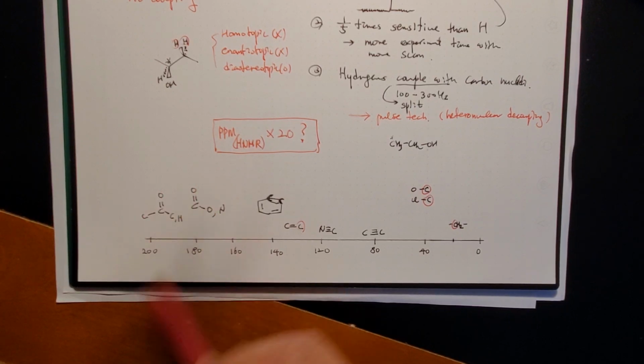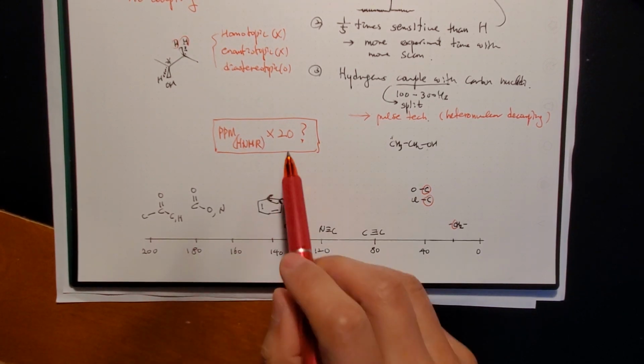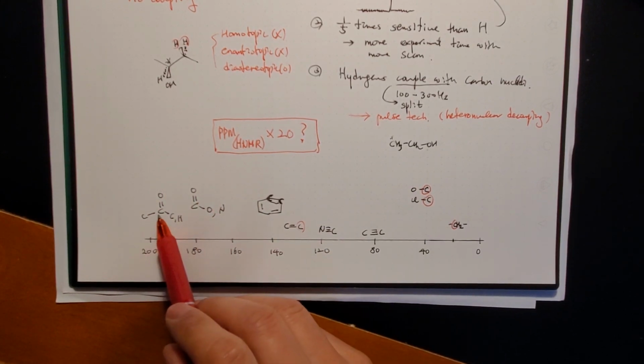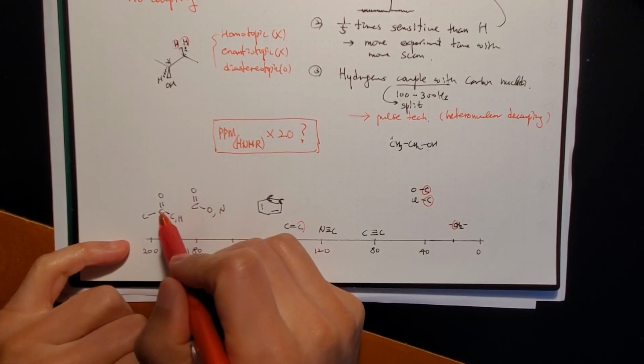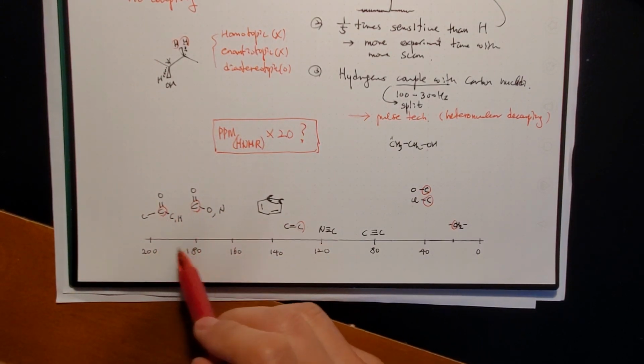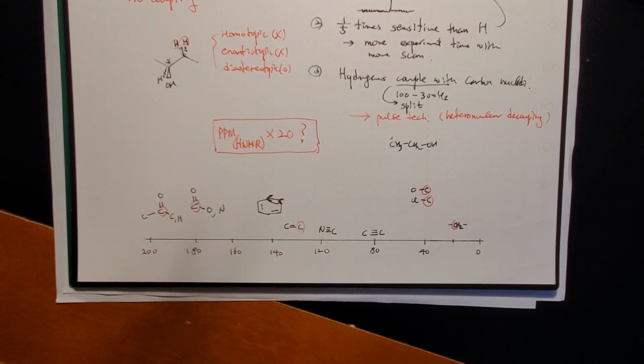Then the carbonyls. Remember the aldehyde hydrogen was around 10-ish. So roughly 20 times, around 200-ish. You have all kinds of carbonyl carbons, and you expect them to show up here.